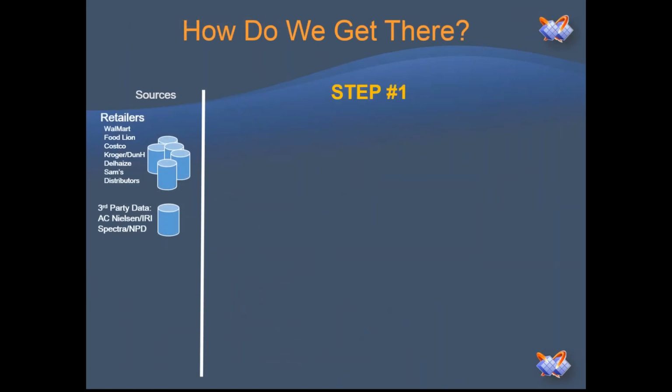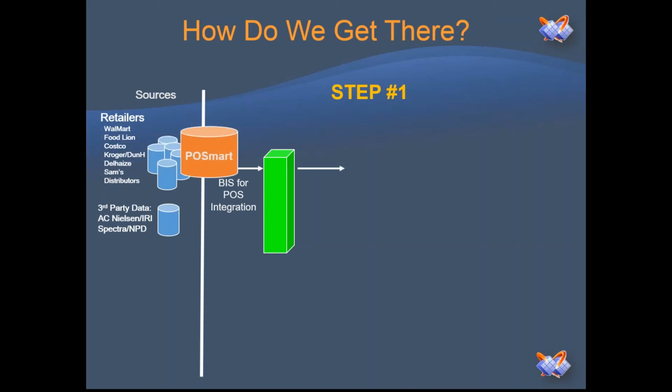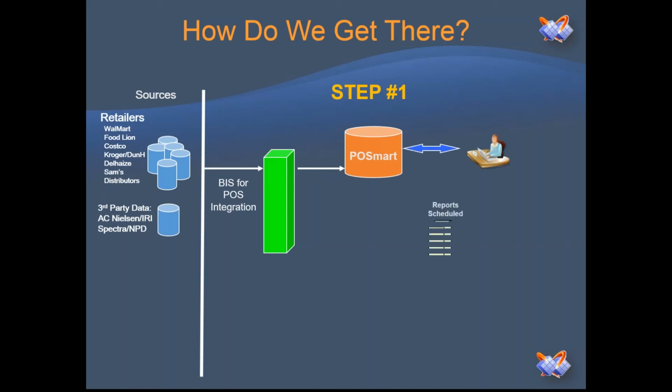Step one is we've got all of these different retailer data sources here, and what happens is our BlueSky Integration Studio integrates that point-of-sale data. We stage that data, we cross-reference that information, we apply the different business rules, we apply the different measures and new metrics to those data sources, we align the different calendars, we cross-reference your item numbers with the different retail item numbers, and then we load that into the POSmart database, which is the core of our smart solution architecture.